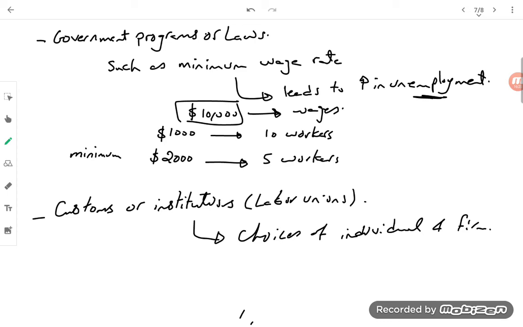Say, for example, I am going to hire just workers who are registered in a labor union or in an institution. Otherwise, they are not going to be hired in my firm. So this is going to affect my choice.